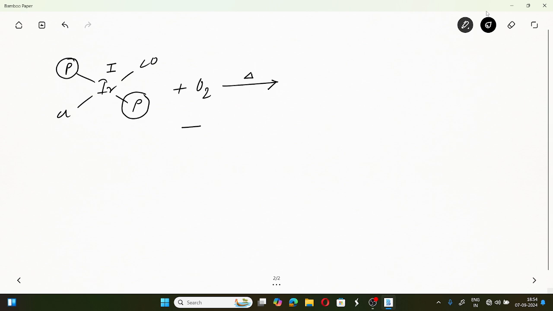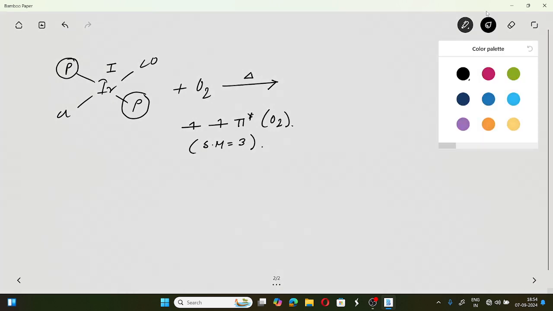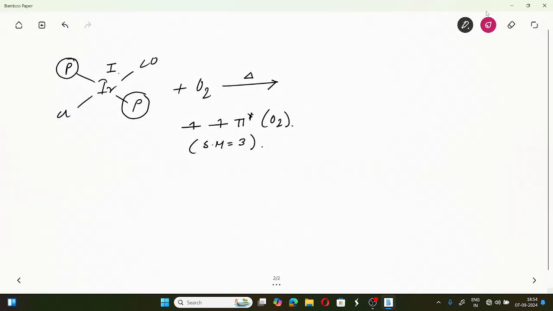If you look at the molecular orbital picture of oxygen, this is the π* HOMO for molecular oxygen, and you know that the spin multiplicity is 3 in the triplet state. This is the stable form. What happens? The iridium center transfers a pair of electrons to oxygen.